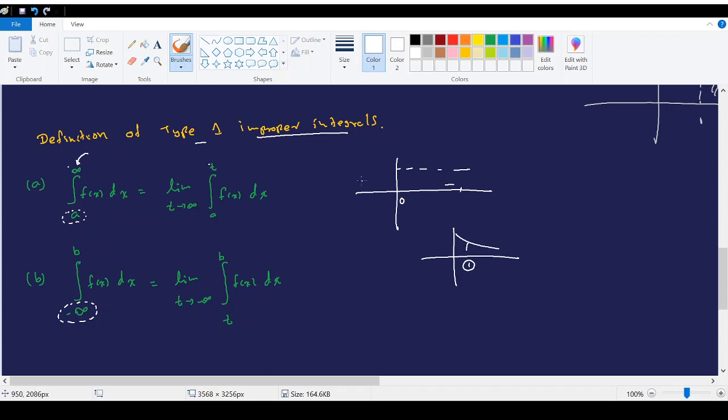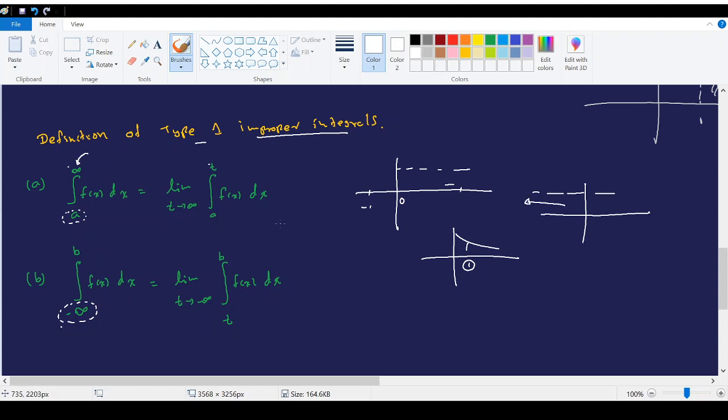It can even start from a negative number also. And another thing is that you can even consider negative infinity. That means we can consider the area towards the negative side as well, right?